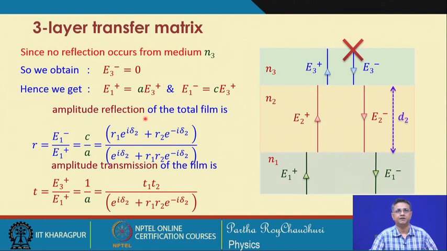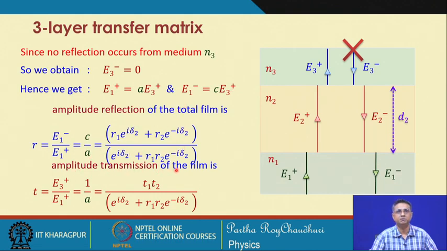Therefore, the amplitude reflection of the total film, for the total system, can be calculated as r equal to E1 minus by E1 plus, which will be the reflected wave from the overall film, and this comes from this ratio, that is C by A, because I have to divide this equation by this, which will give me this relation.